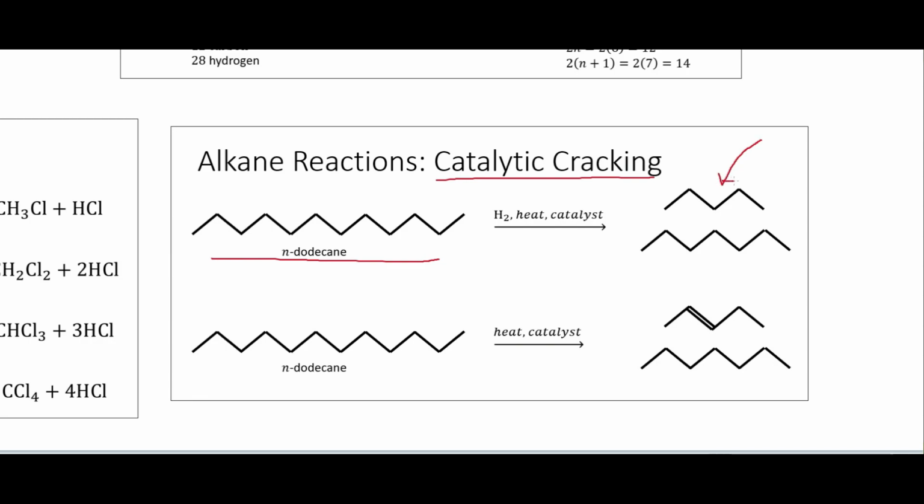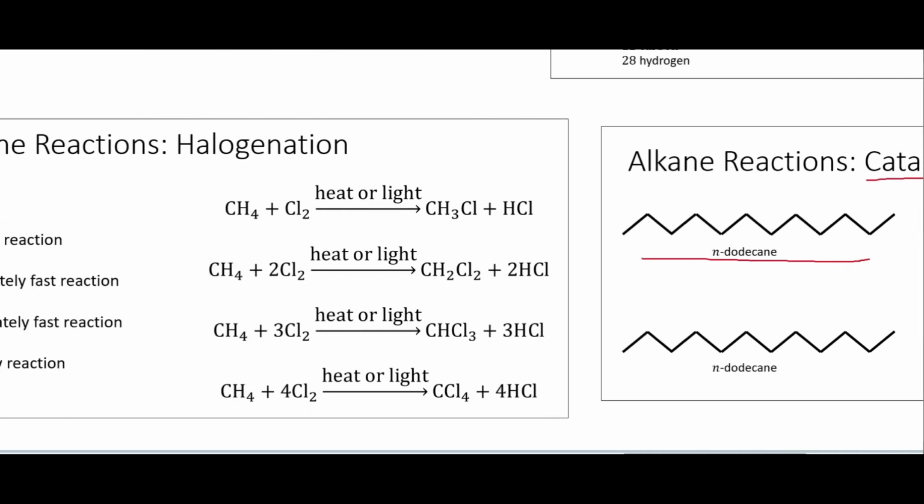If you do this with H2, heat and a catalyst, you get these alkanes like this. If you do it with just heat and catalyst with no H2, you will end up getting these double bonds in it. Those are called alkenes, which we will get to in a later video.